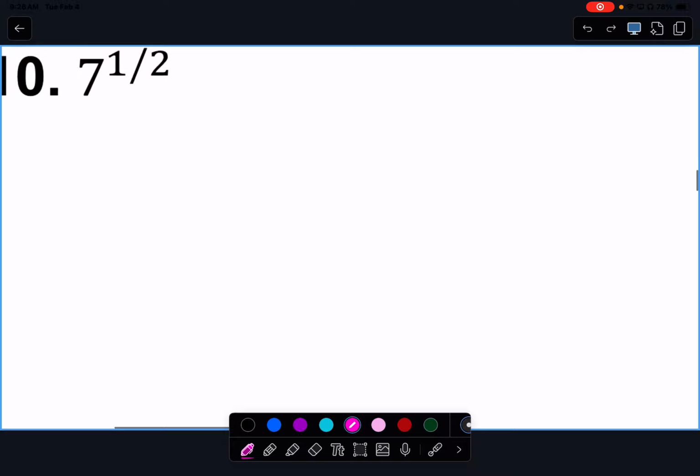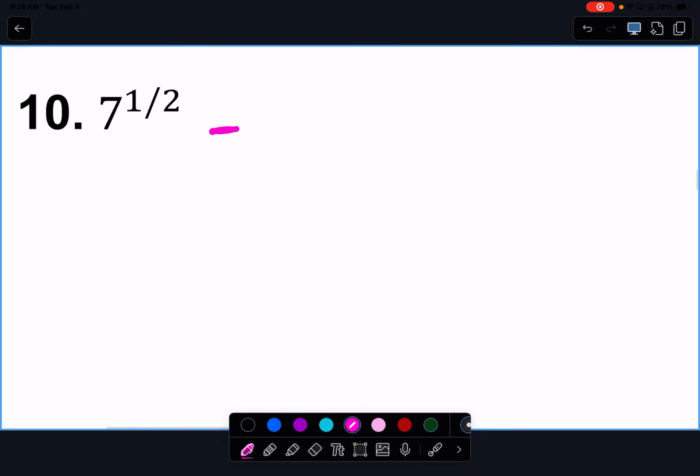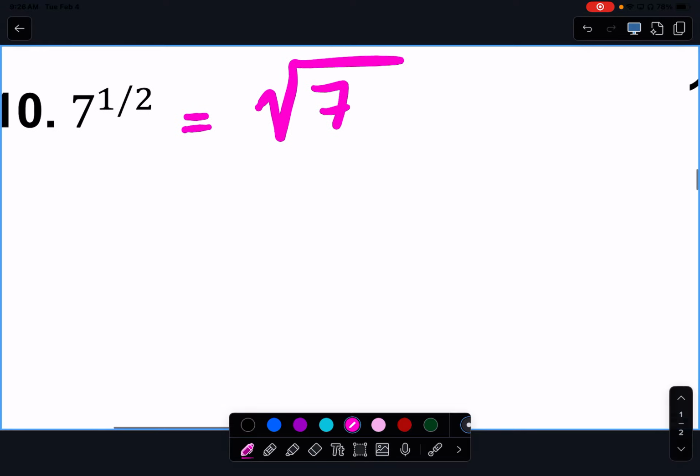So for number 10, we get what? Square root of 7. It wouldn't be on the outside. We have a square root because that is what our root is. And we have a 1 right there.